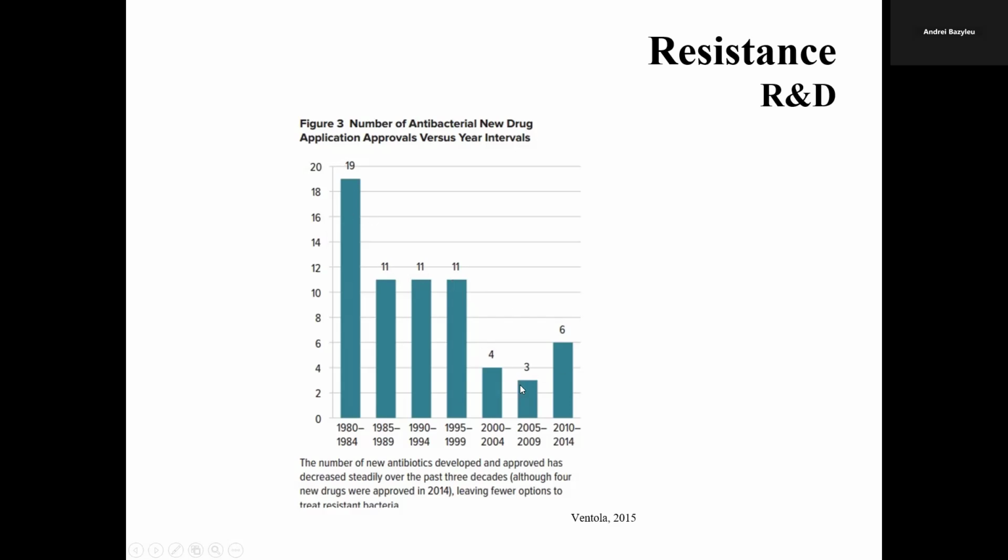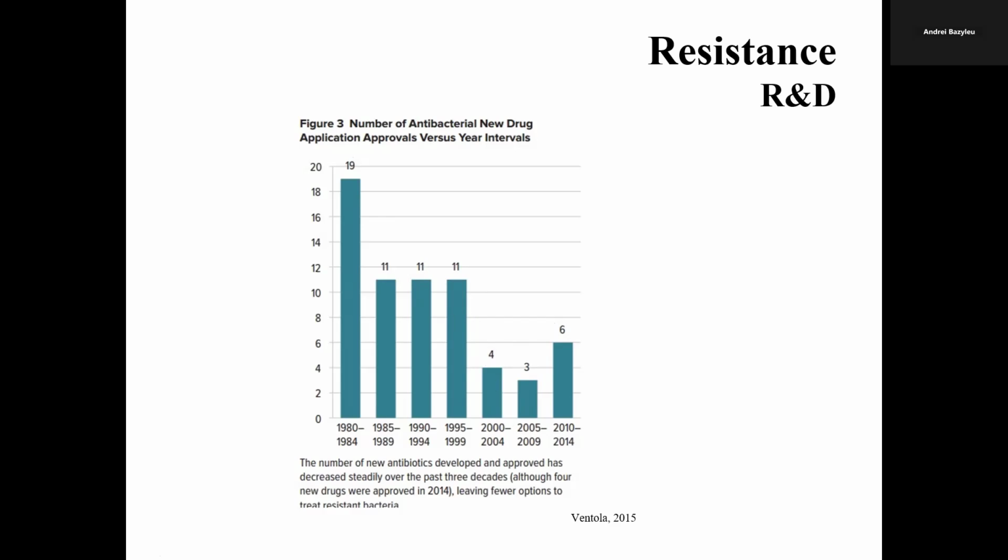They were dropping consistently. And then at some point, 2005-ish, 2009, because of all the attention to the antibiotics and the lack of good antibiotics, pharmaceutical companies started going back, reversing this trend and putting more antibiotics on the market. But the trend is still not very favorable to us.